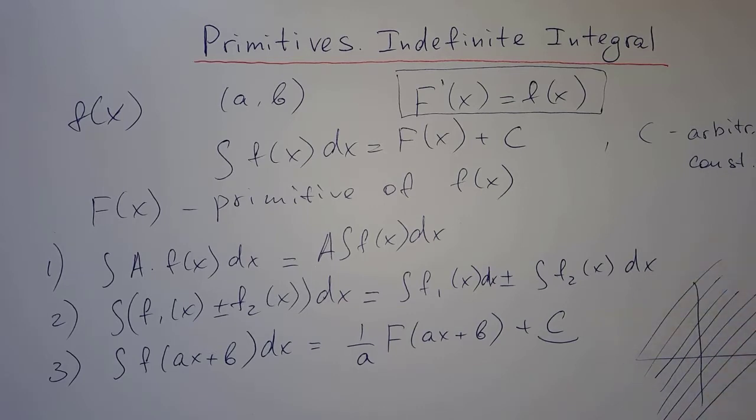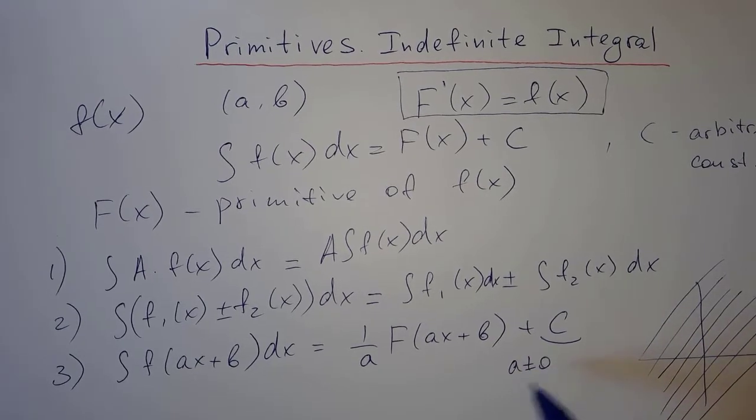This is what we call a family of solutions. That is why we need to add this constant to the indefinite integral. In the indefinite integral, we will not get exactly one solution. Okay, now here of course a is not equal to 0, because it will be in the denominator.